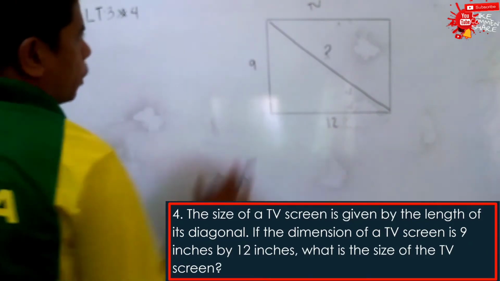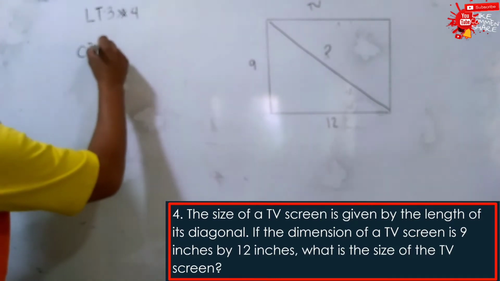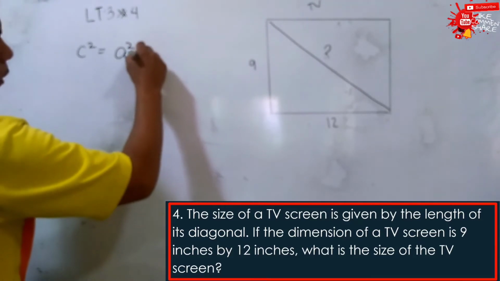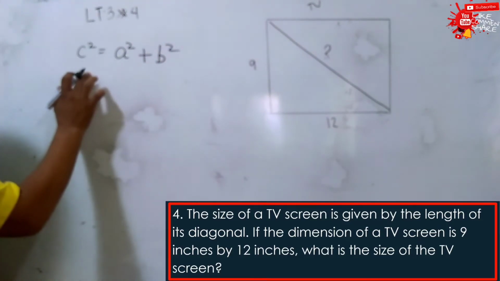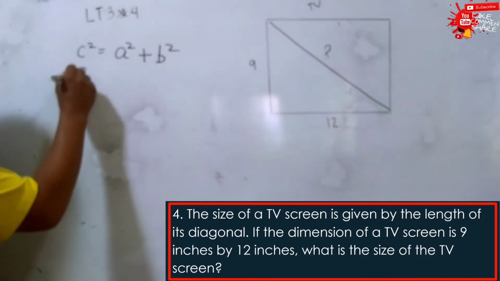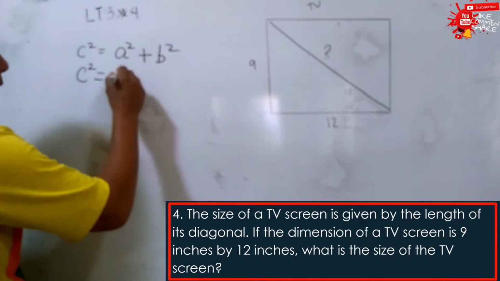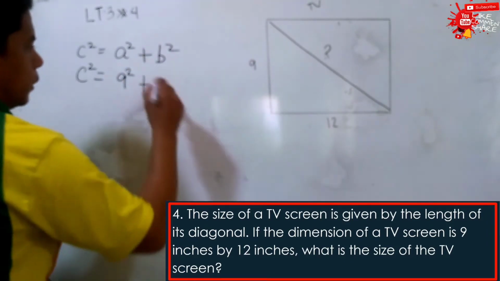Okay? So, our formula in this question, c squared equals the legs of our given. Okay? So, hinahanap natin yung hypotenuse, so that is c squared. Our A represented by 9, so that is 9 squared. And B, that is 12 squared.